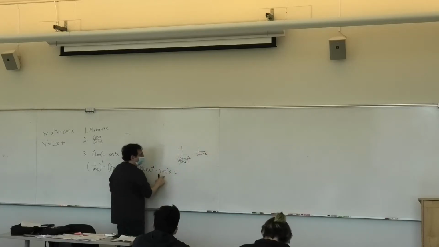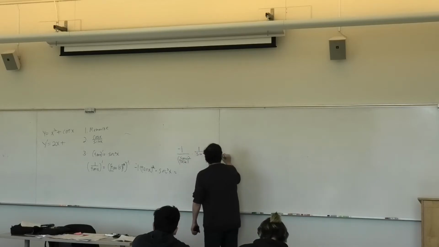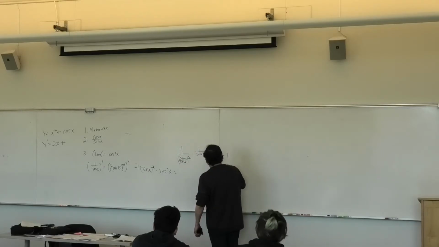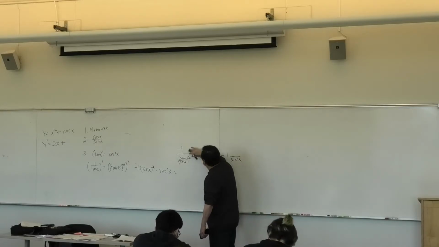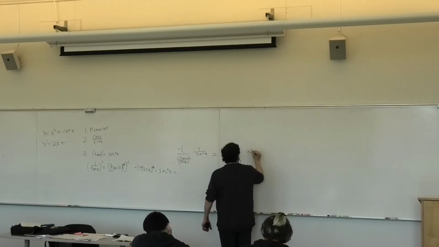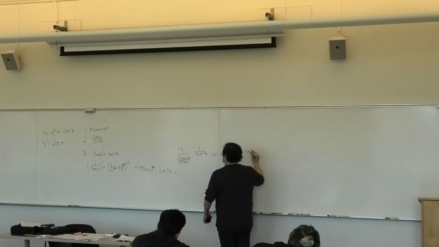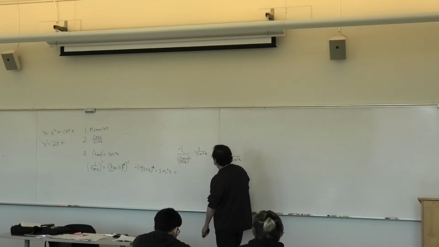That's the secant squared. And what does that turn out to be? Negative 1 times, at the bottom I have sine squared x. I bring this up, so I flip it. Cosine squared. Oh, that's not right.